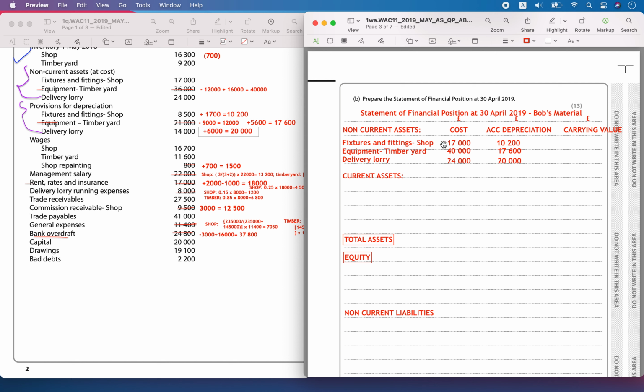Now let's calculate the carrying value. It is cost minus the accumulated depreciation you have calculated.